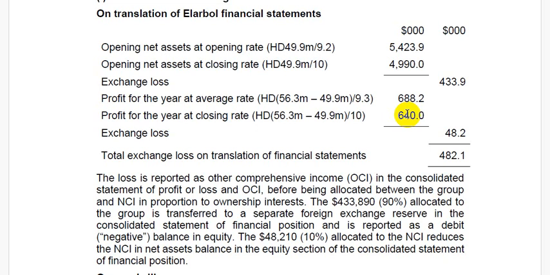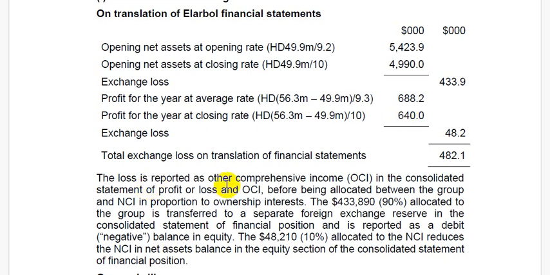So the total exchange loss is 482,100. And because this is a translation, not a transaction, but a translation exchange difference, it is reported as a loss in other comprehensive income.